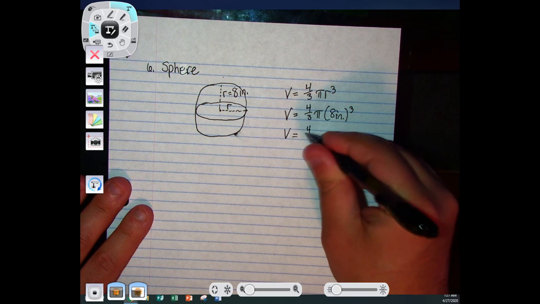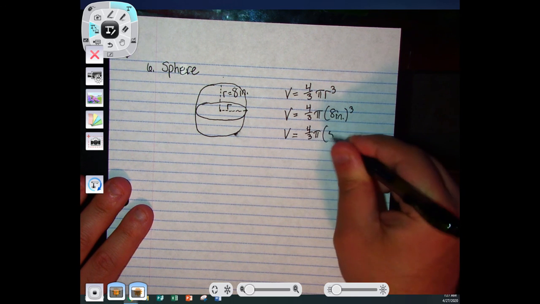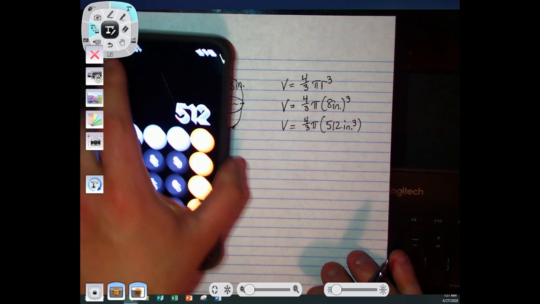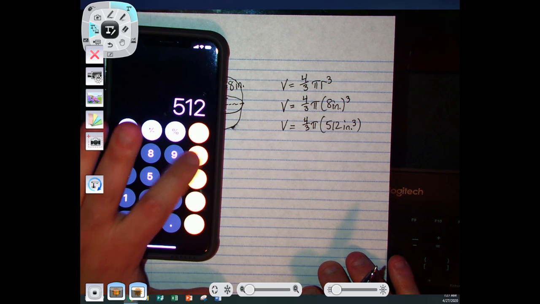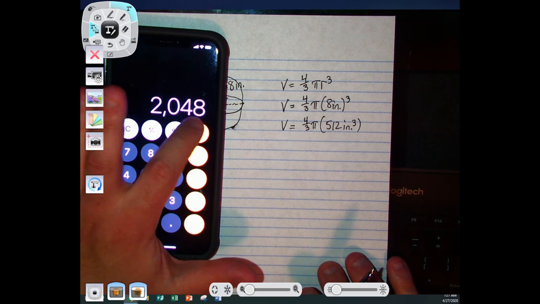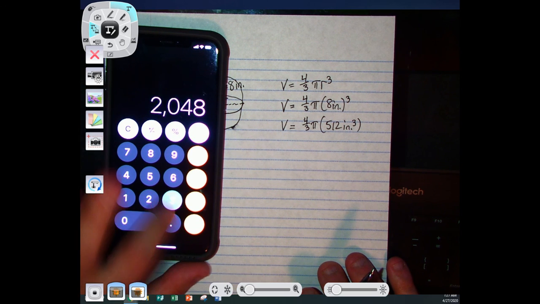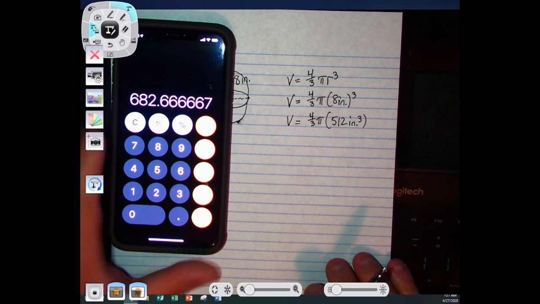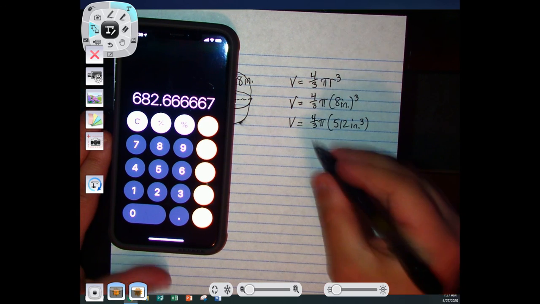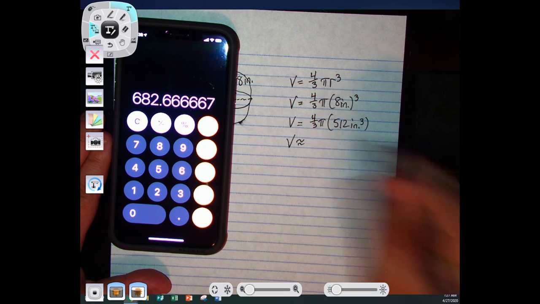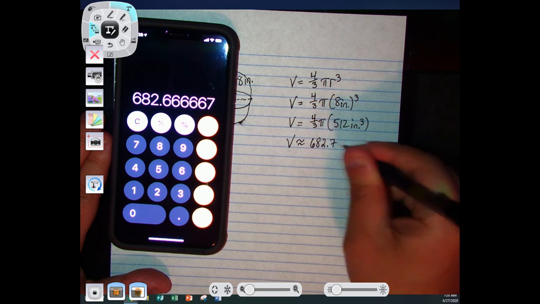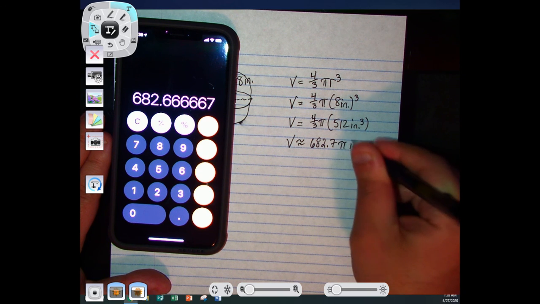So this would be 4/3 times pi times 512 cubic inches. If I do 512 times 4 divided by 3, that's going to get me this answer. It might say round to the nearest tenth or so. So the volume would be approximately equal to 682.7 pi cubic inches.